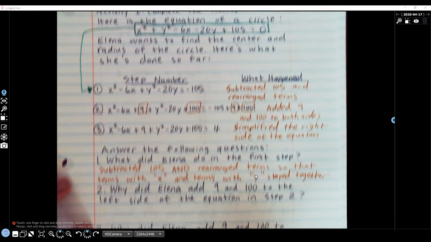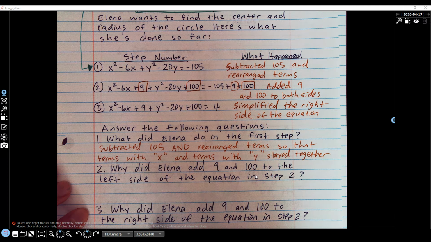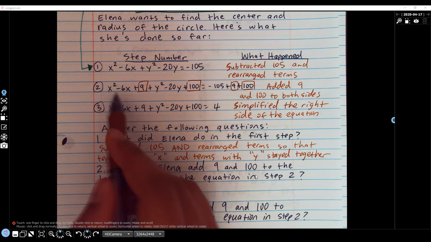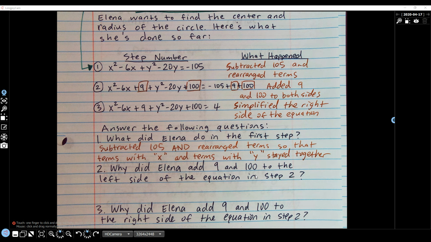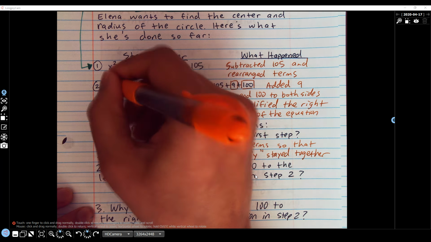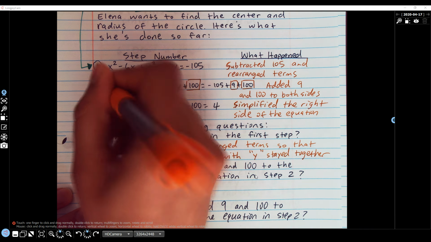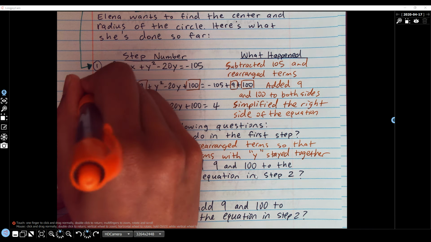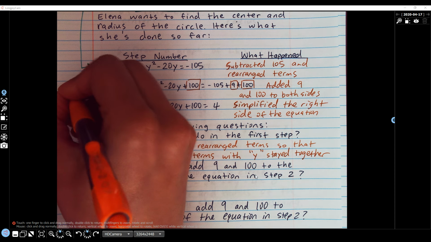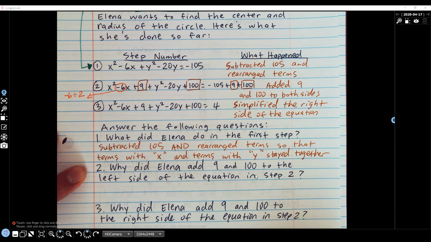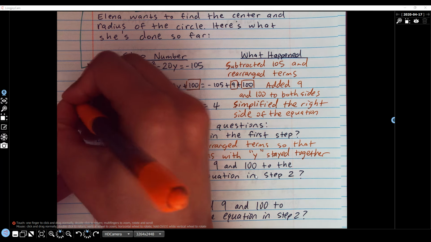Question number 2 asks, why did Elena add 9 and 100 to the left side of the equation in step 2? Let's take a look at 9 and compare that to what we already have here, x squared minus 6x plus 9. It looks like she just completed the square here. Remember that in the warm-up to complete the square, we took our linear coefficient, in this case -6, divided that by 2, so -6 divided by 2 gives us -3.